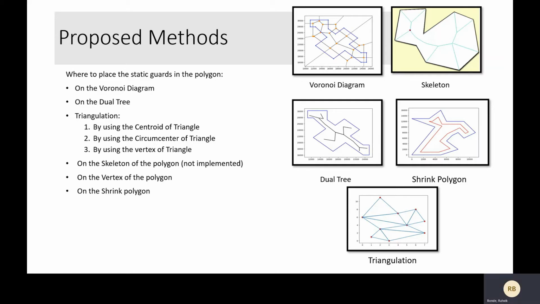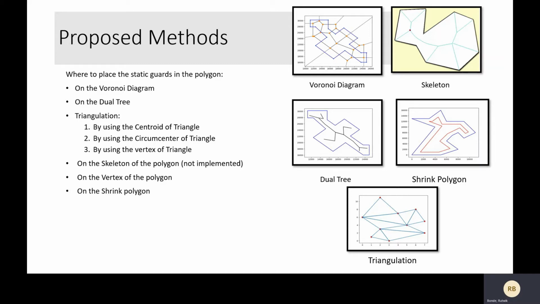The third method is the dual tree method, which depends upon triangulation of the polygon. We can place the static guards on the dual tree as well. Then we can place the static guards on the shrunken polygon. So basically we can reduce the dimension of the polygon and shrink it, and then we can place the static guards on the shrunken polygon as shown in the fourth figure.